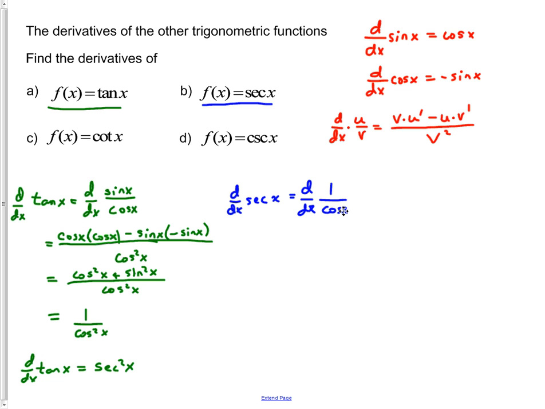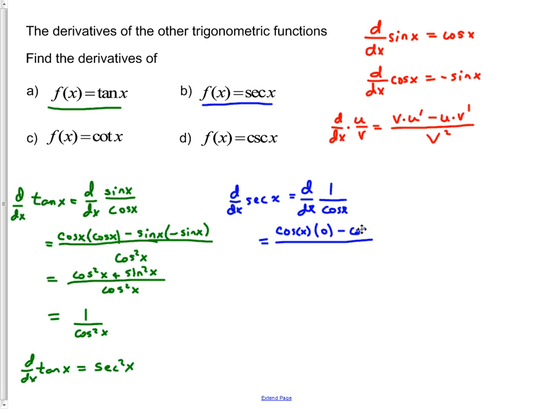By our quotient rule, that means we're going to have the denominator times the derivative of the numerator. Well, that's 0.